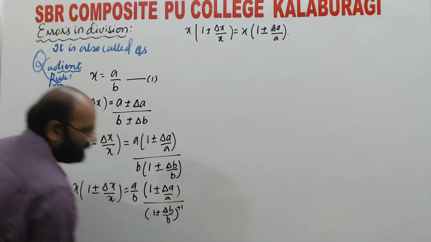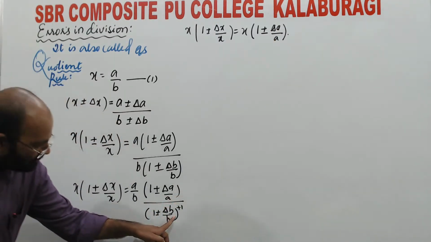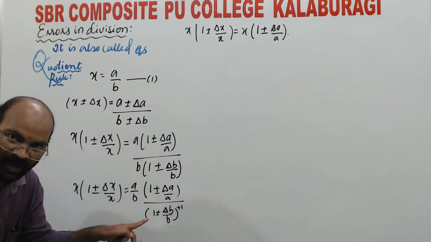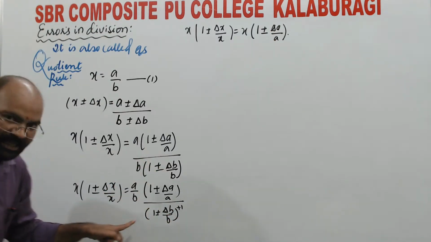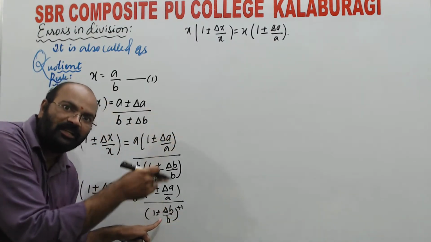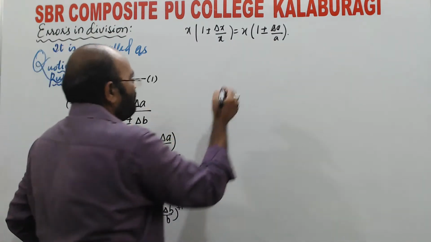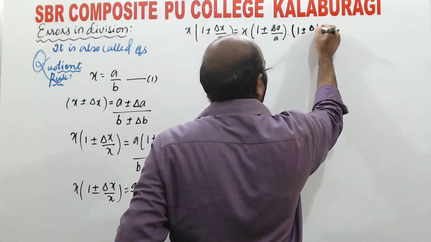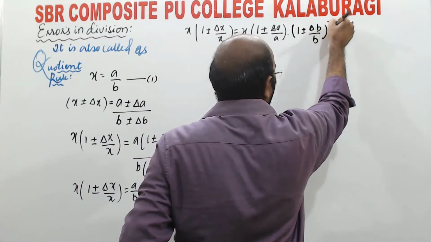The power of the denominator term is plus 1. If it goes to the numerator, the power will change and become minus 1. Therefore, this can be written as 1 plus or minus delta b by b whole to the power minus 1.